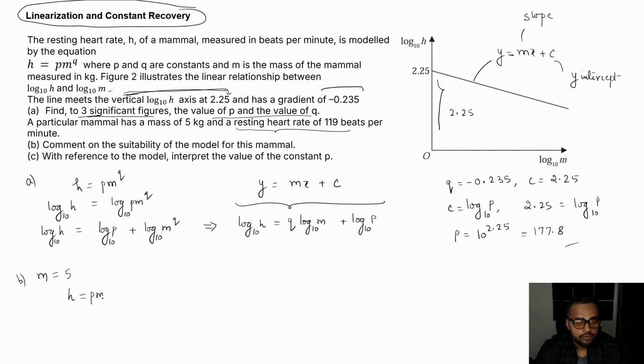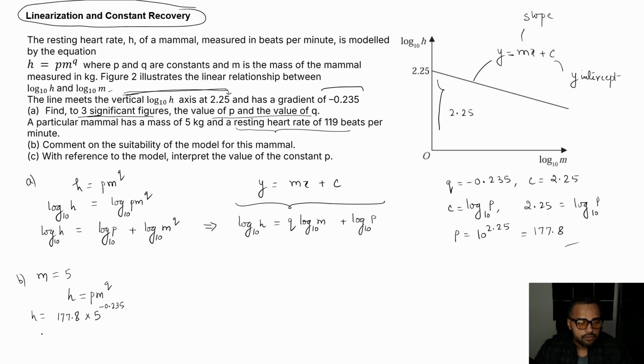So p m raised to the power q. So here heart rate will be h. P we have calculated, that is 177.8. M they have given, that is 5. Q we have calculated, that is negative 0.235.